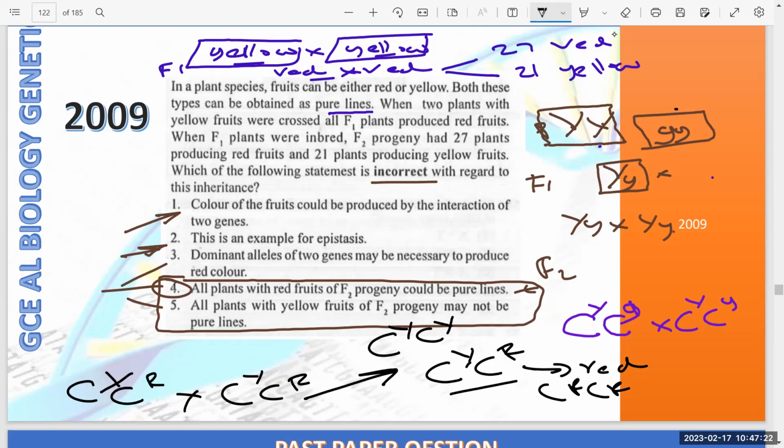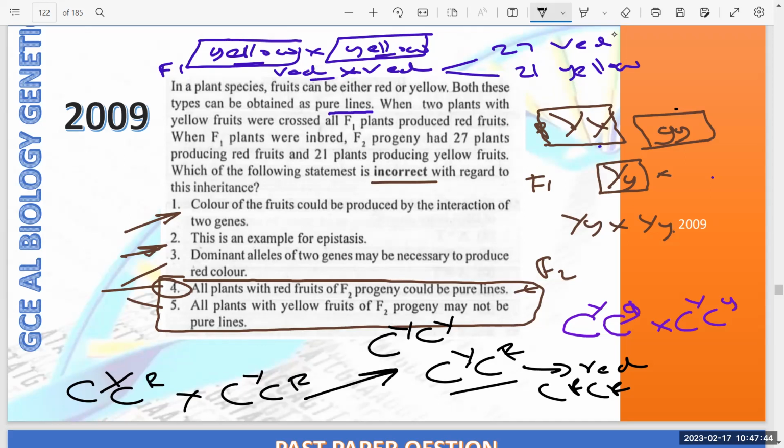When you have F1 and F2 progenies, they are again mixing up. When they're mixing up, it's hard to understand whether they can become pure line again. Pure line is they express only one character. So if it is yellow, then it's only yellow. Yellow, yellow, it gets yellow.